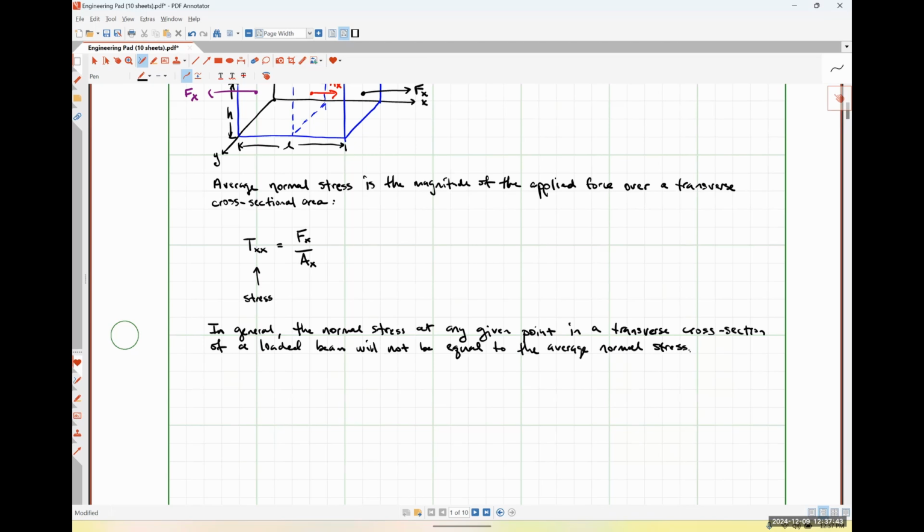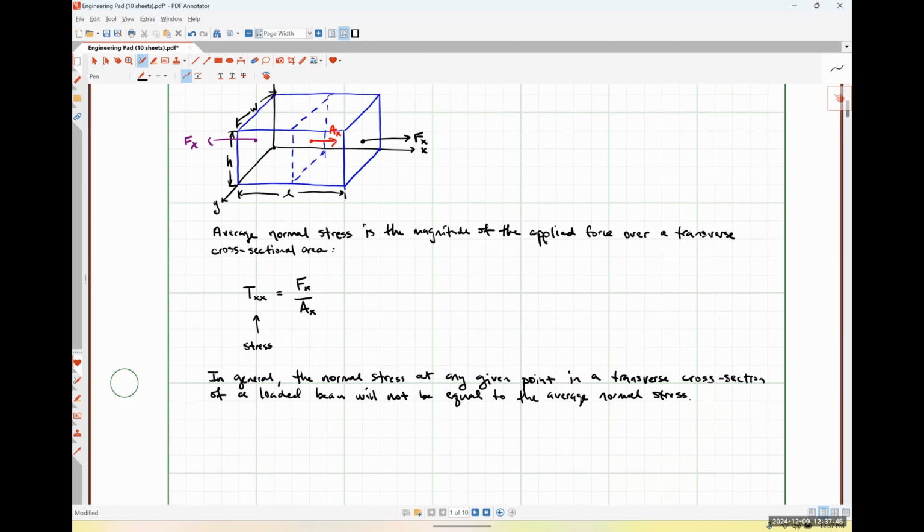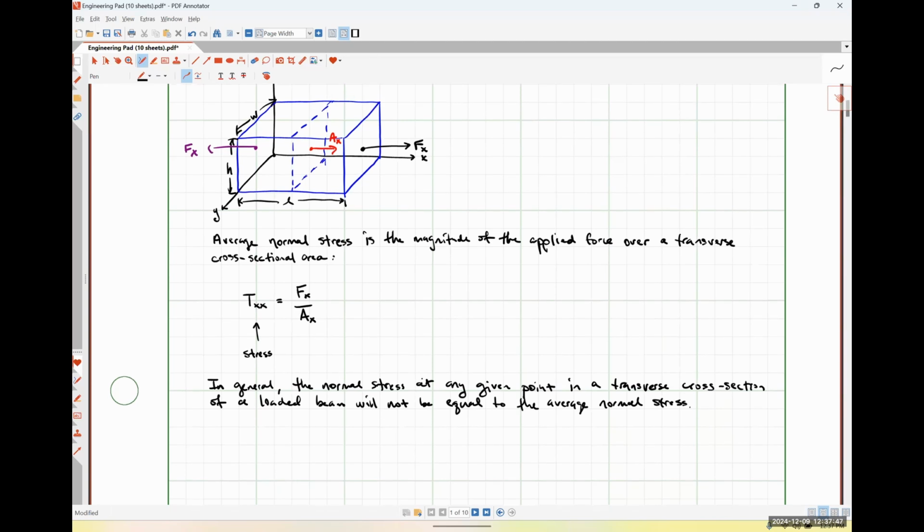All I mean by this is that if we were to pick any given point in our cross-sectional area, we probably wouldn't see the average stress, but if we combine all of that together, that's what we're going to get. Typically, the stresses towards the middle of the cross-sectional area will be larger, and it'll be a distribution that gets smaller and smaller as we go out towards the edges.